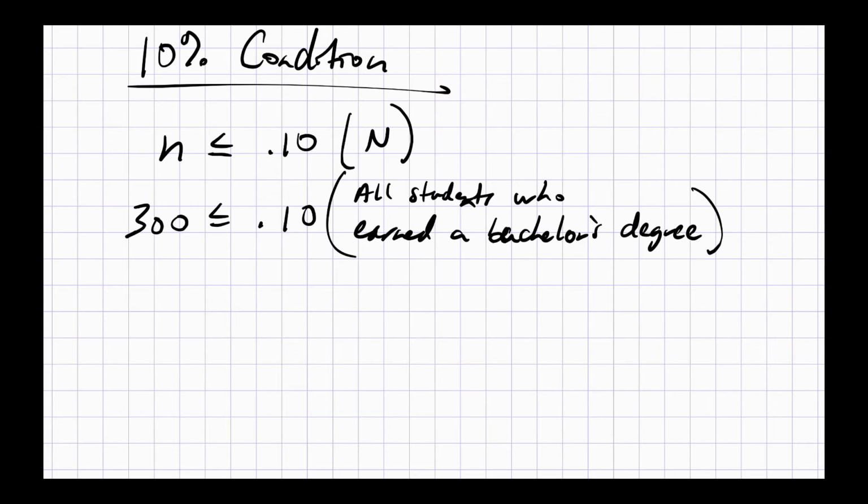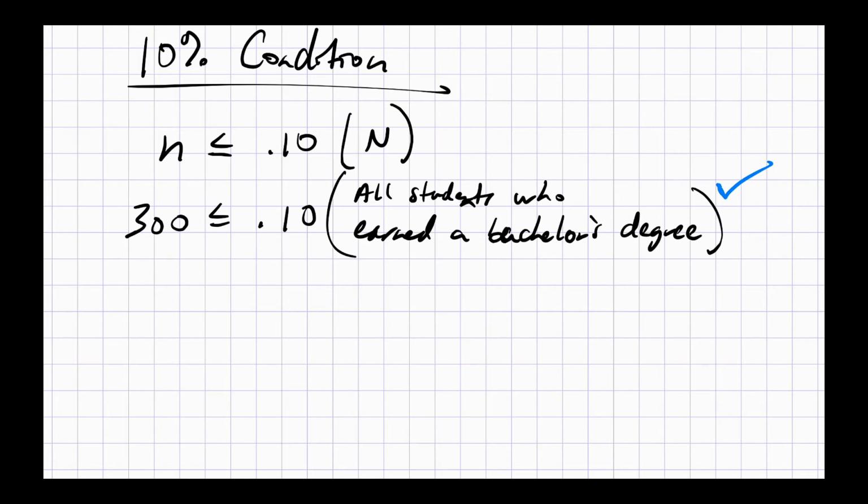If I don't have a number, how do I see if this is true? Well, we can't, which is why it's a condition. We just check and move on. That means we don't have a number for all the students who earned a bachelor's degree.